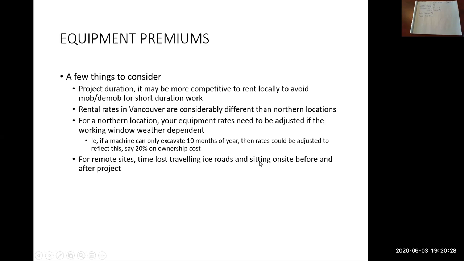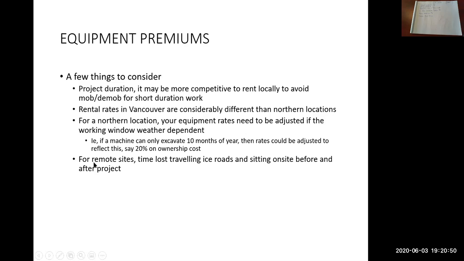So if the low bed arrives at 2 in the afternoon at the start of the off-road portion, the truck driver may need to wait there until, for example, midnight until the road's frozen so that the driver can then carry on and get to the project site.